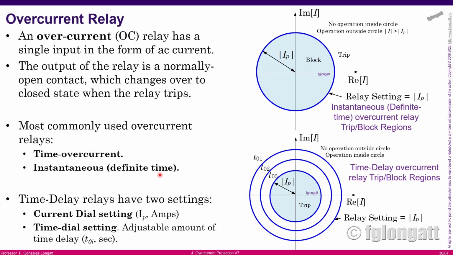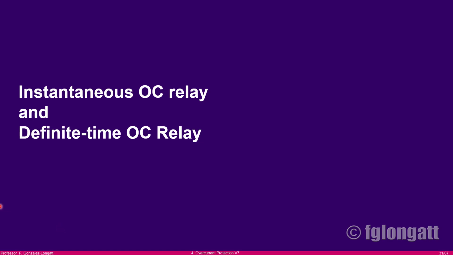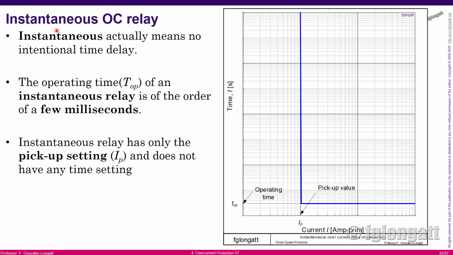In the time overcurrent relays, the settings are typically the current dial setting or the pickup current, and for the time we define the time dial setting. Okay, for the instantaneous relay, the only setting is the current dial, and that is what we call the pickup current. And for the definite time, we can set up time and current. Okay, let me show you. Let me talk about the instantaneous overcurrent relay.